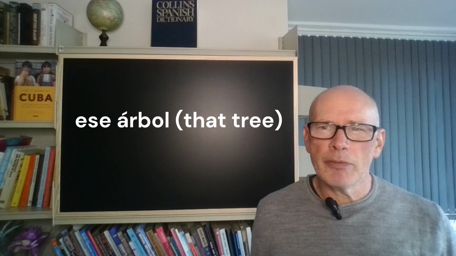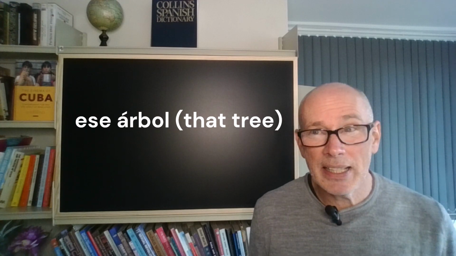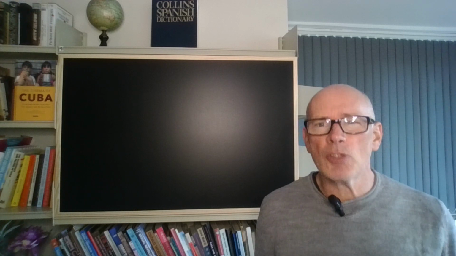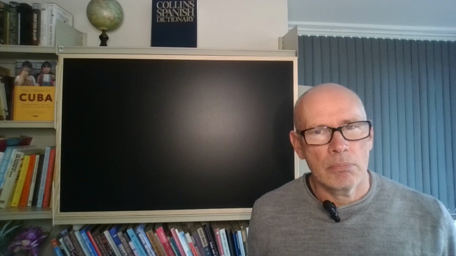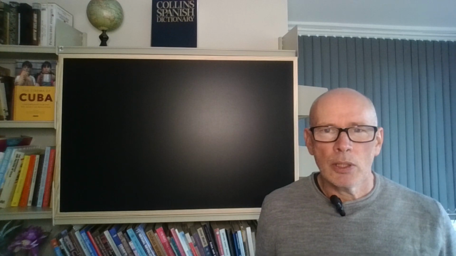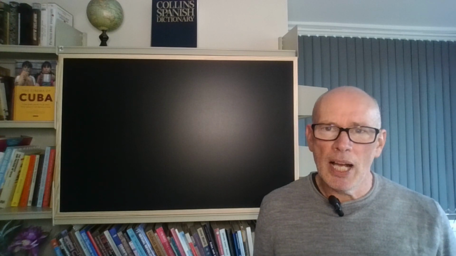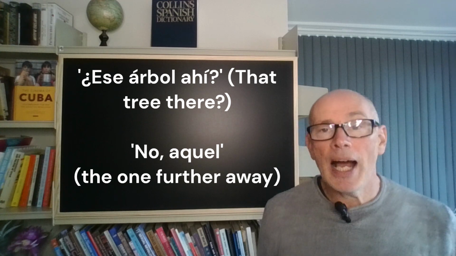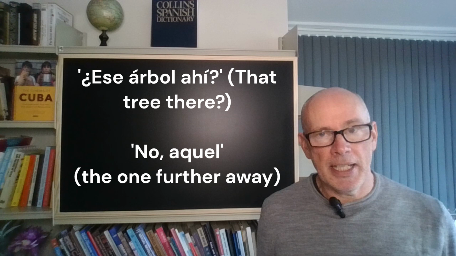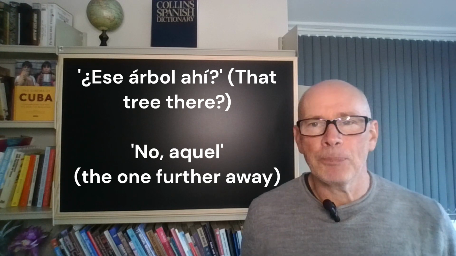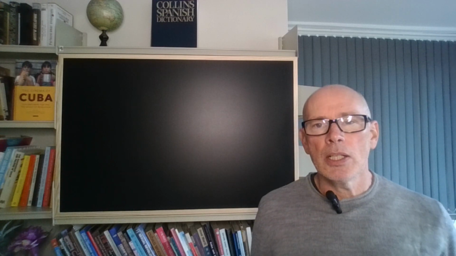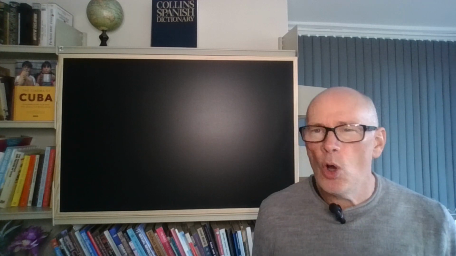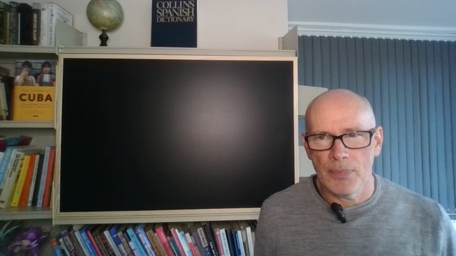But if the thing you're referring to is further away, then you can use aquel or aquella to demonstrate that. For example, you could say ese árbol allí, that tree there, no, aquel, meaning the one further away. So if you are only referring to one thing, then the use of ese or esa is fine.